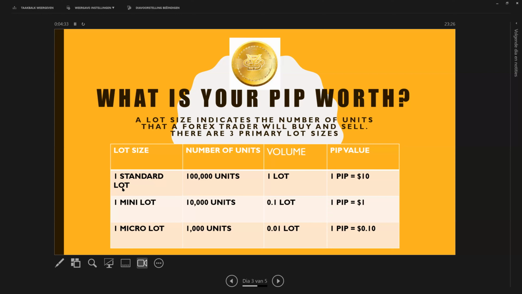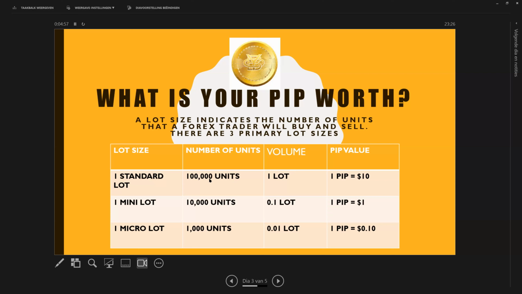You can see the standard lot consists of 100,000 units that we call one lot, and in pip worth, every one pip is then $10. So we can see one standard lot is written like this.